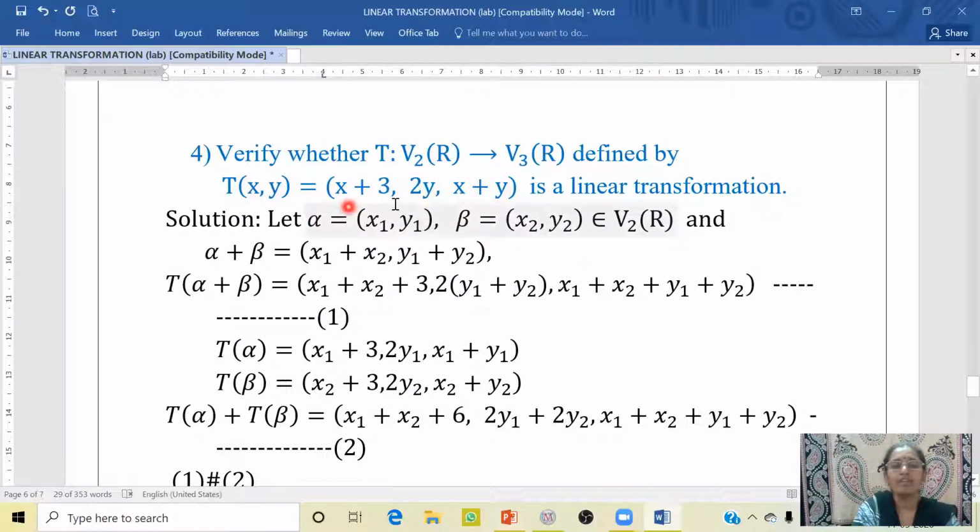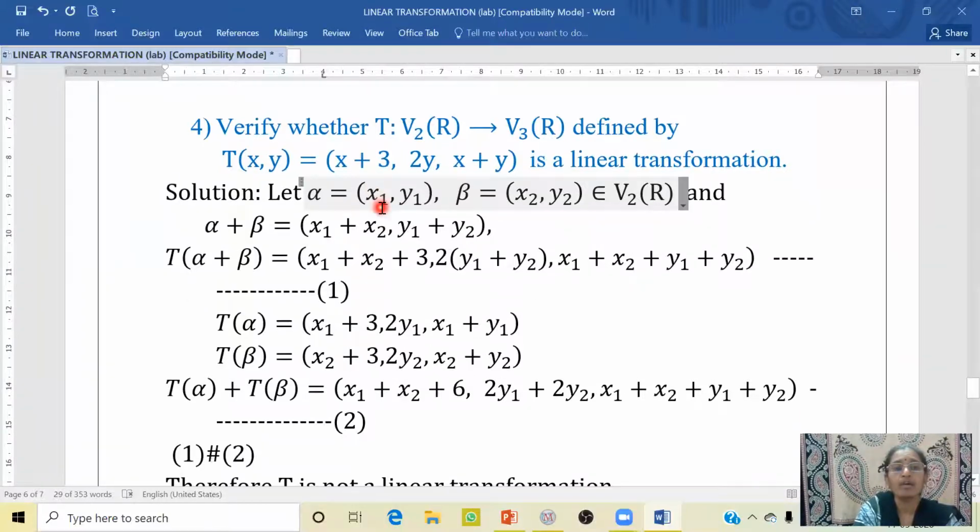When you look into the definition of T here, in the image part you have x plus 3, that is the variable x plus a constant 3. Whenever you have elements of this form, that is plus some constant or minus some constant, we can directly say that this is not a linear transformation. Come, let us check it out.